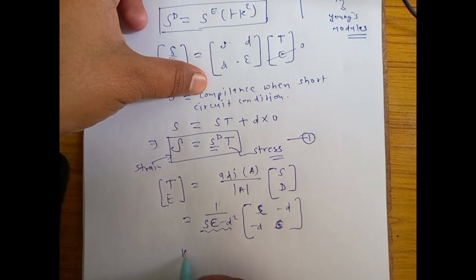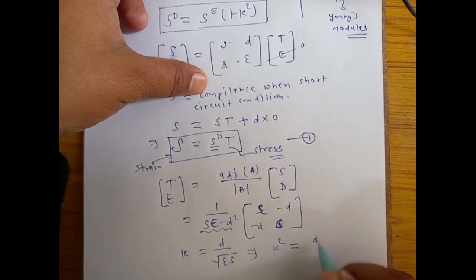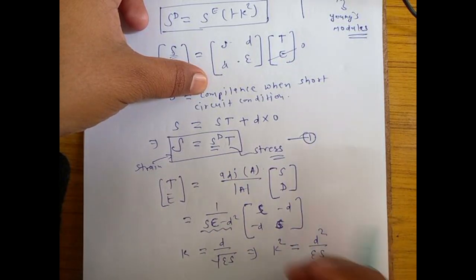We know that k square is equal to d square divided by s epsilon. So we can put epsilon s times (1 minus k square) in place of s epsilon minus d square, or we can take it as common.